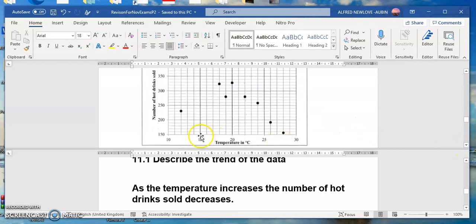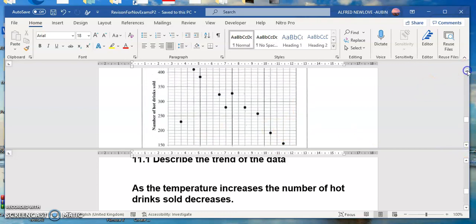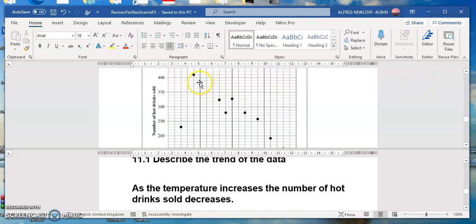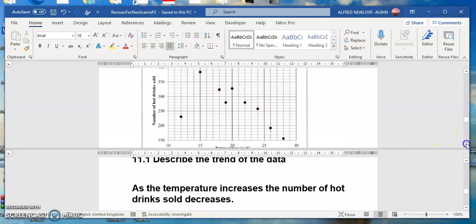The temperature now increases again to 15. Now it has reduced from 410 to, let's check, 350, 360, 370, 380, let's say 381. So you see that it has reduced from 410 to about 381.